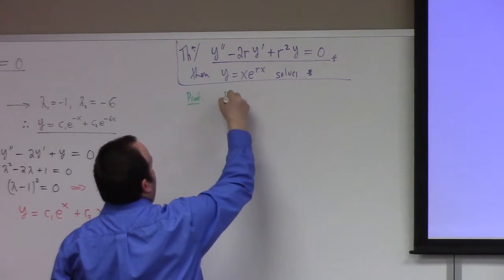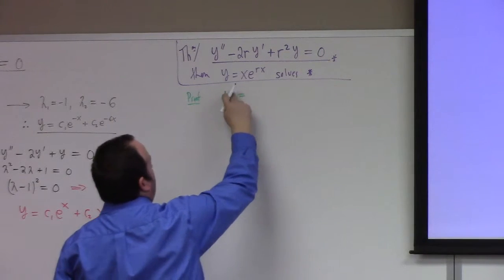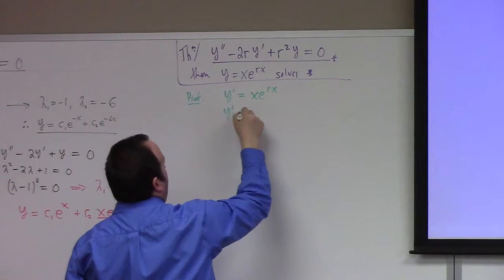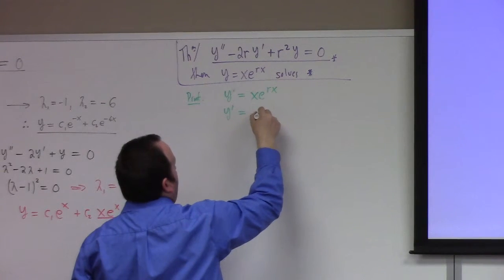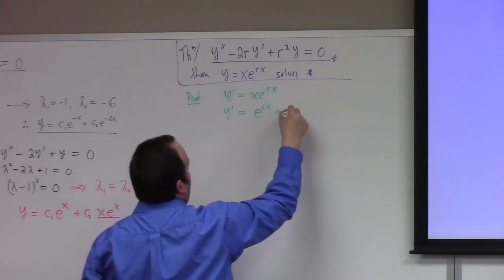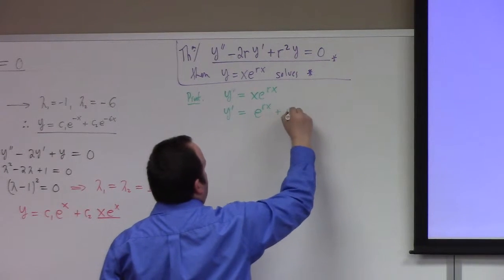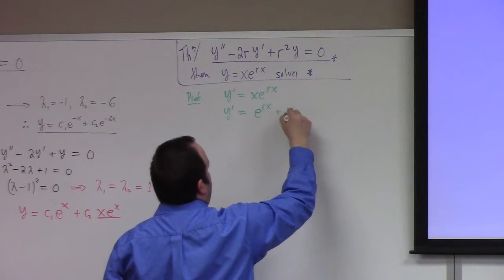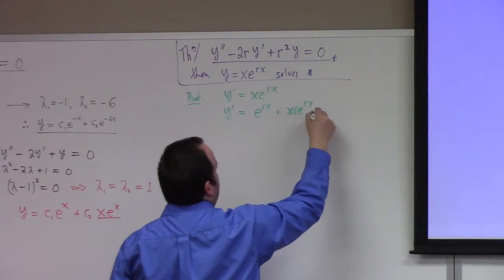So if y = x e^(rx), what's y'? Yeah, e^(rx) plus r x e^(rx). Sorry, I usually like x r e^(rx). It doesn't matter. Let's clean it up.